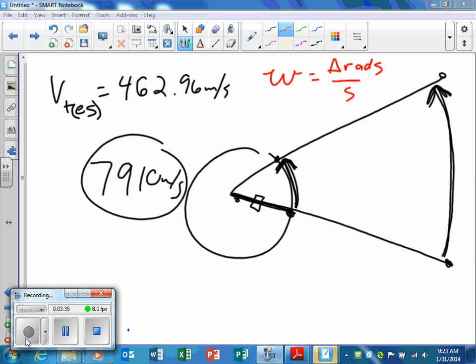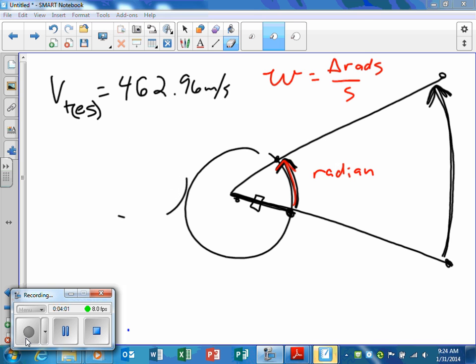Did we describe actually what a rad is? What is a rad, or maybe we should call it a radian? An angle measurement. And how many radians are in one circumference or one circle? 2 pi.